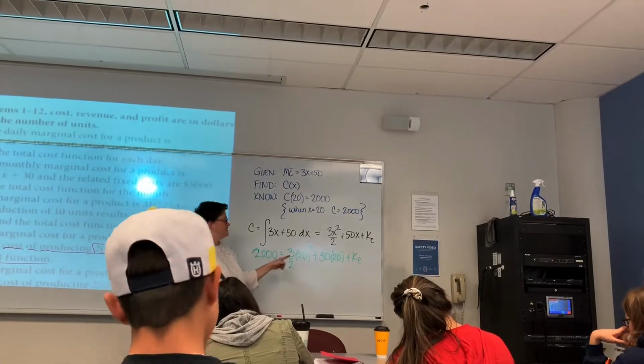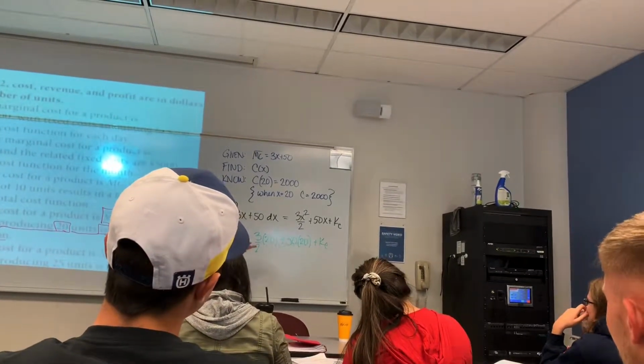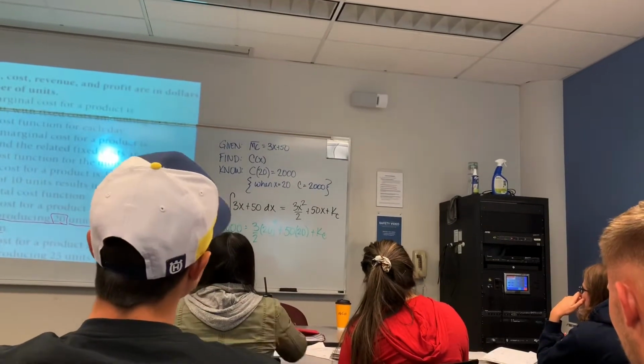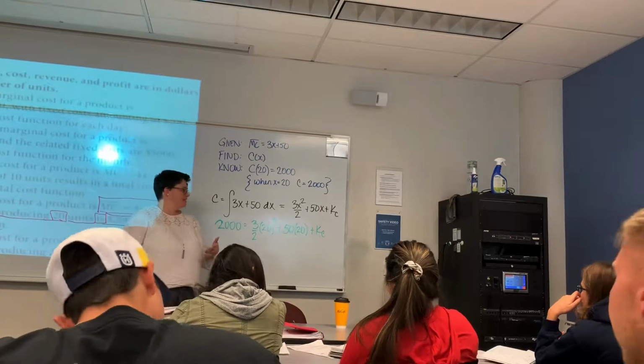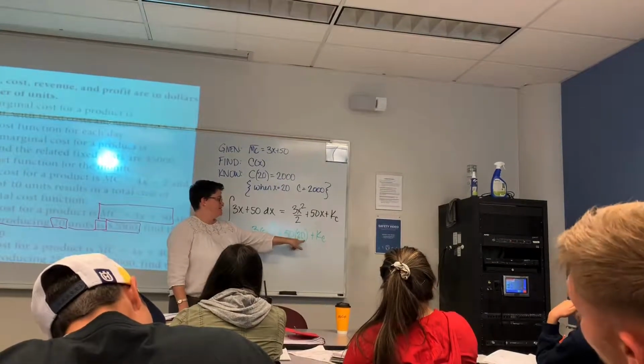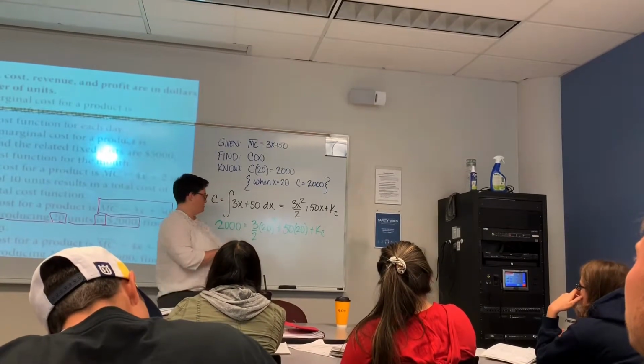So now let's do this in our heads. 20 squared is 400 times 3 is 1,200 divided by 2 is 600. So we have 600 here. 5 times 2 is 10, with 2 zeros is 1,000. So 600 plus 1,000 is 1,600.